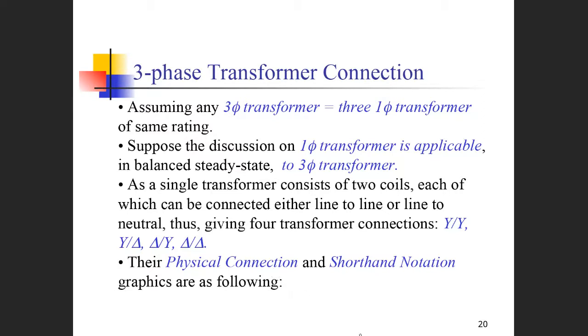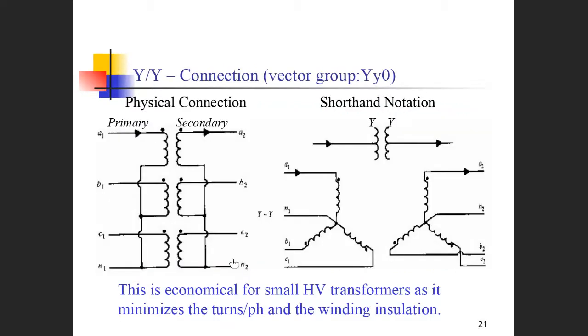Now we are looking at how, in practice, we represent different types of three-phase transformers. First, the star-star connection. As I just said, even for the star-star connection, we have different vector groups. What I show here is the star-star vector group 0, the very basic group.